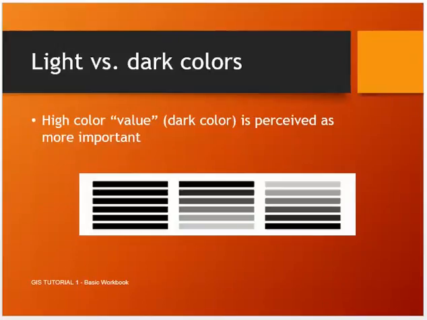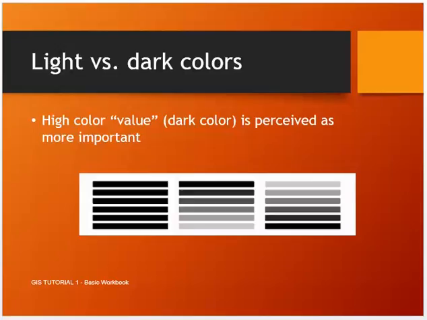Let's talk about colors. Maps are a representation of the data, and you can really make that data say anything you want to, depending on how you choose to symbolize it.